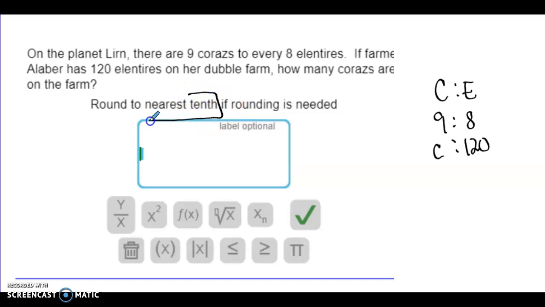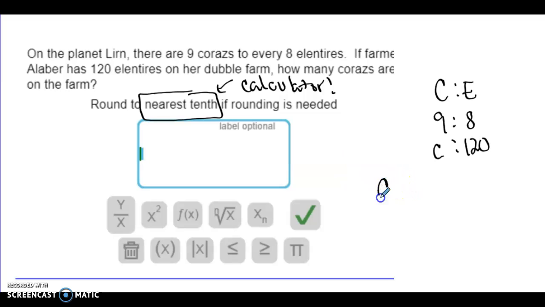Ooh, sweet. Rounding to the nearest 10th. Calculator. Okay, so that's nice, because I just have a basic calculator. I don't have a fraction calculator or what they call a scientific. So crisscross multiply to solve on my calculator.